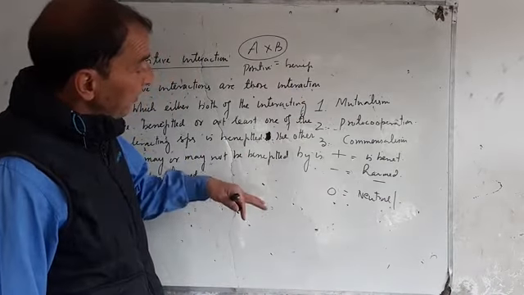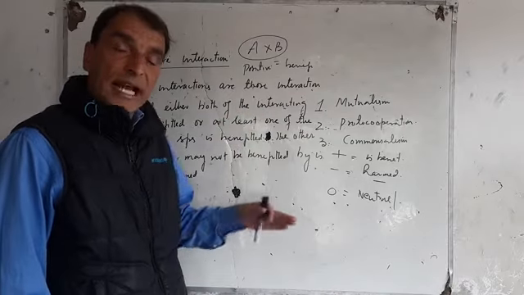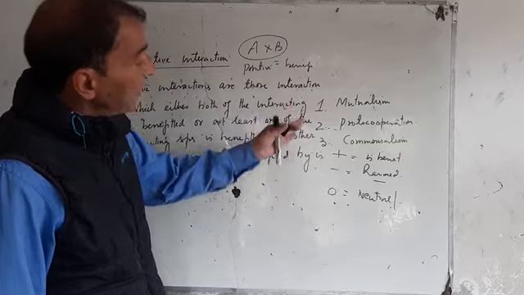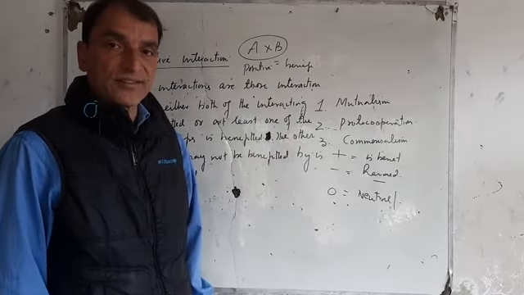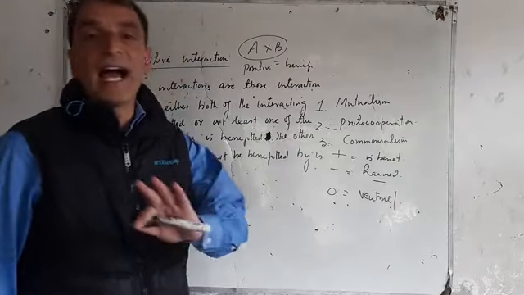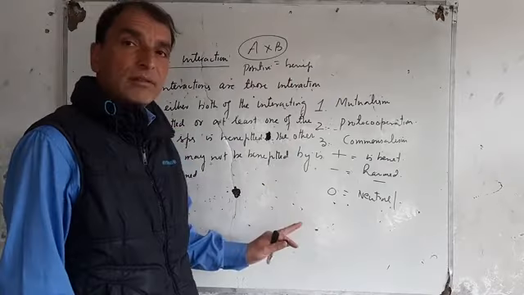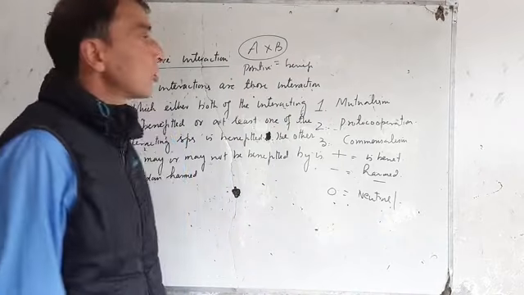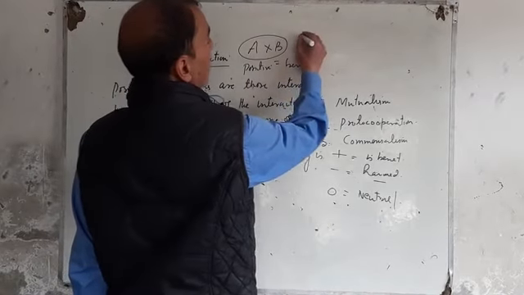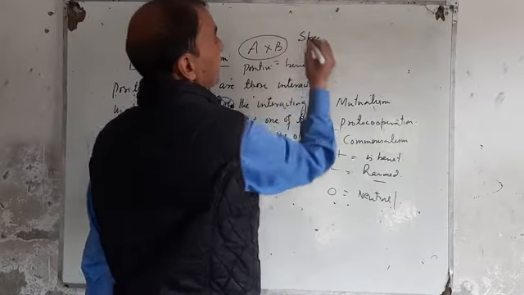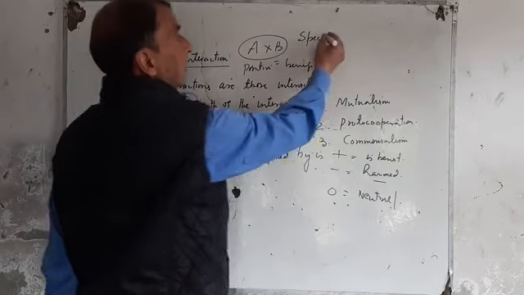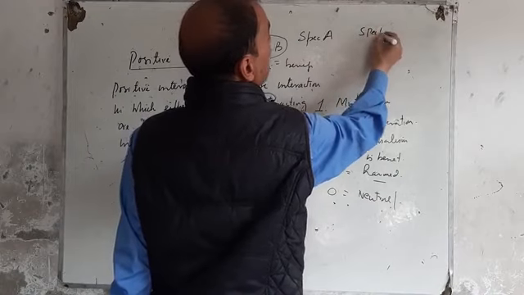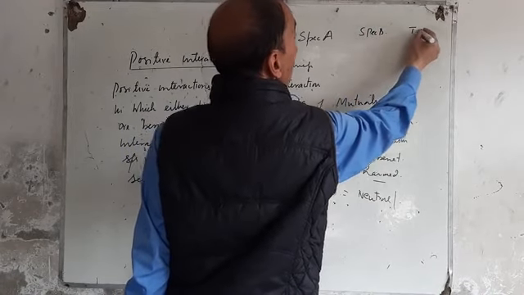We can make a tabular representation of different types of these interactions, which will have three columns. Column number one, species A. Column number two, species B, and then type of interaction.